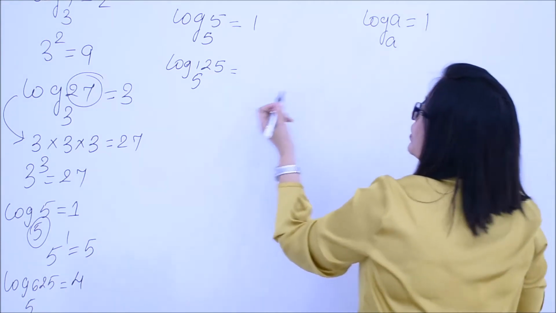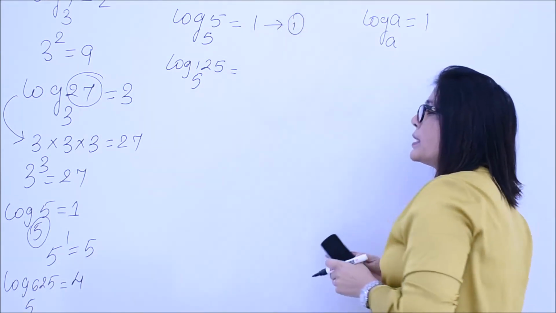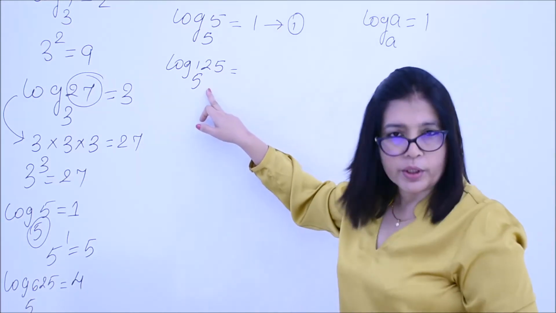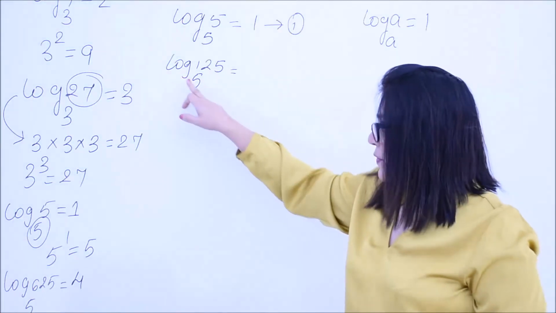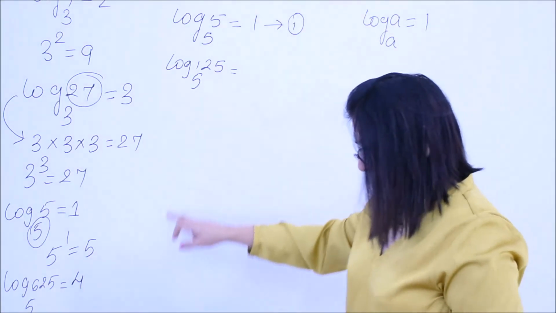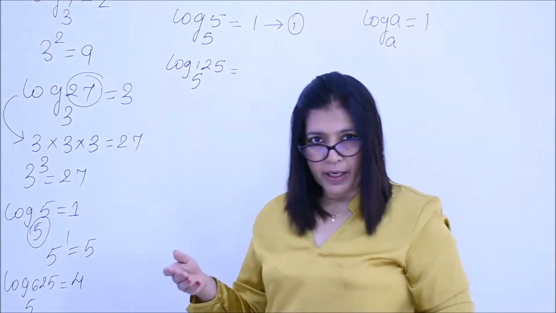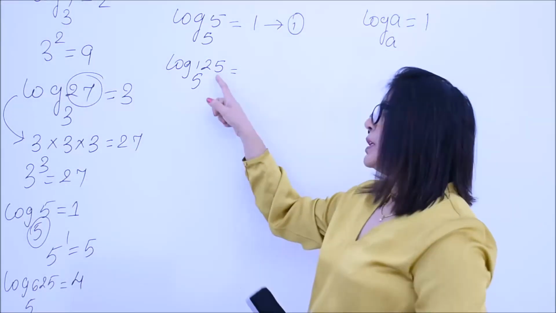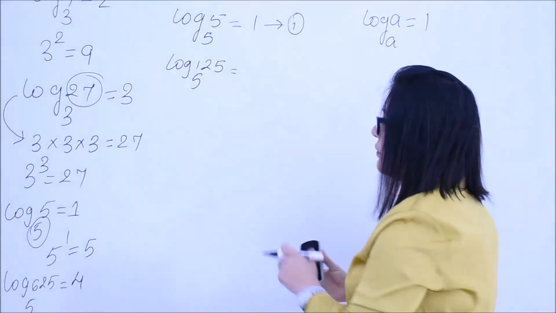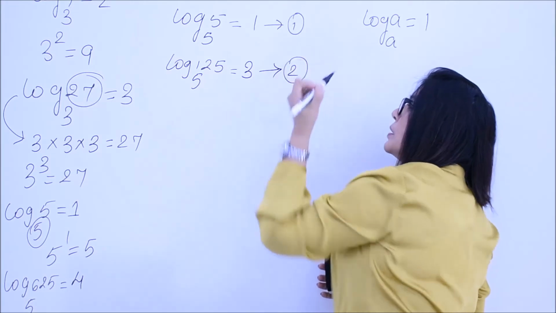Now I know that this is my equation 1. Now let's think of the second equation. Over here, log to the base 5 of 125. Now we know the answer is 3, because 5 has multiplied 3 times to give me the result 125. Therefore, the answer for the second equation is 3.